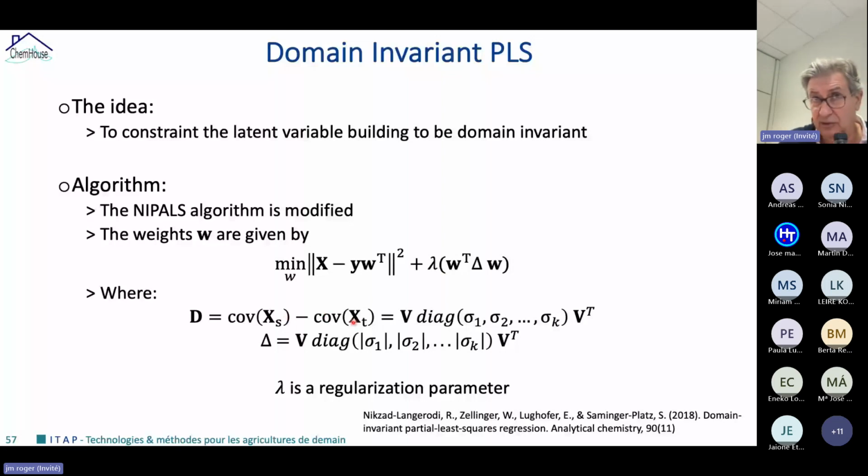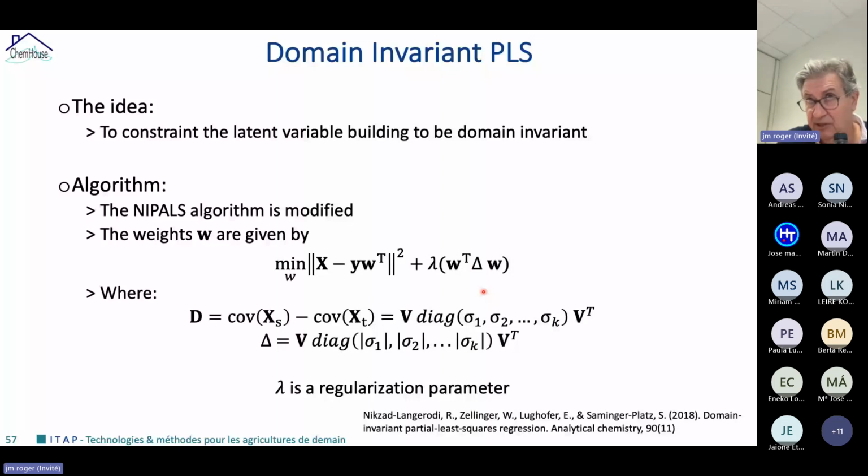We calculate the covariance of XS and the covariance of XT, make the difference, and express that difference as this expression with a diagonal matrix with sigma 1, sigma 2, sigma k, and we compute this matrix delta, and we input this matrix in this inner product.